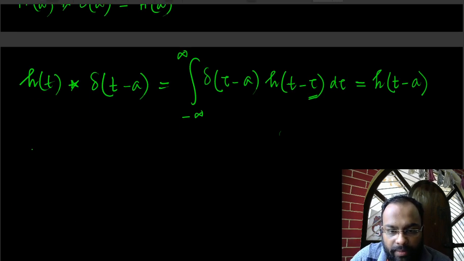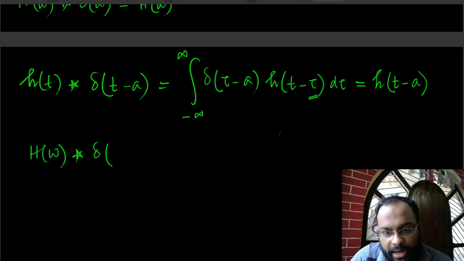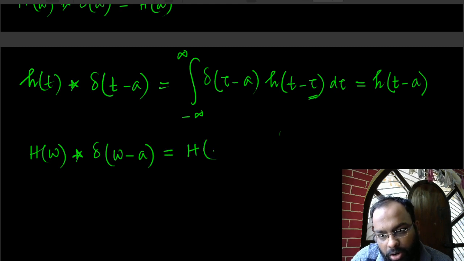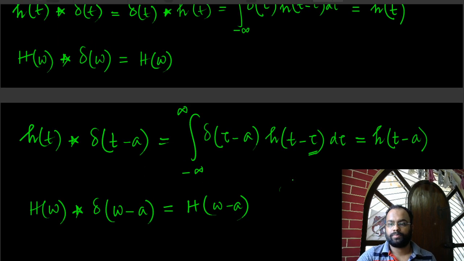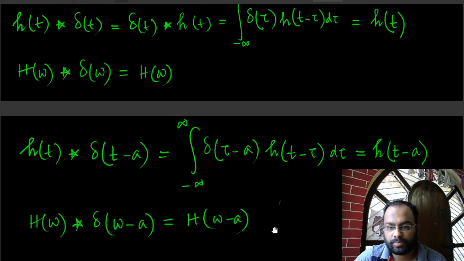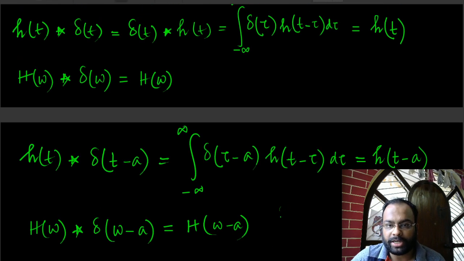Similarly, h omega convolved with delta omega minus a is h omega minus a. Just try to understand that this is identical to this.